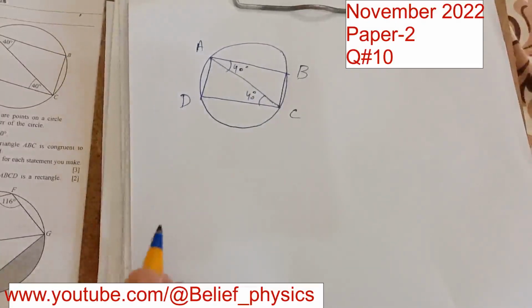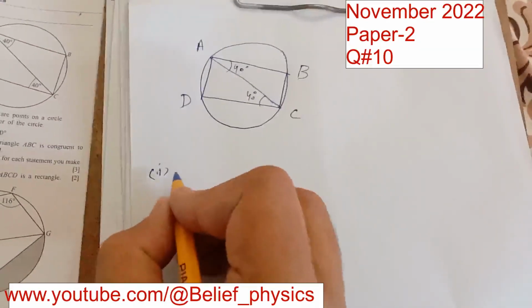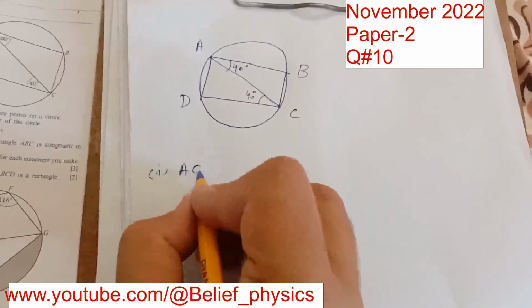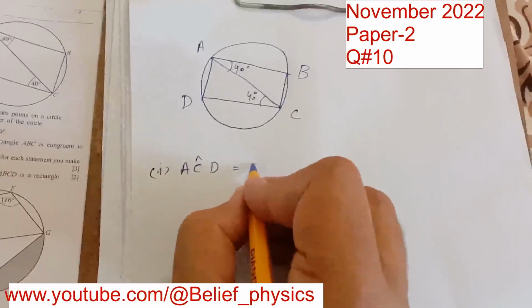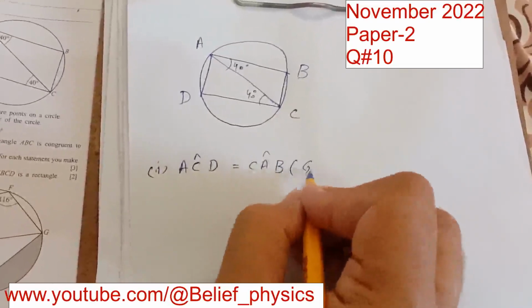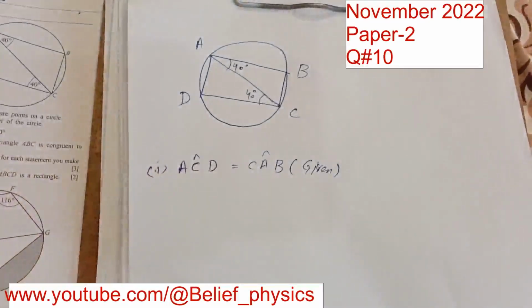Here it is very easy because it is given that the first property is angle ACD is equal to angle CAB, and the reason is this is given. This statement is given first.